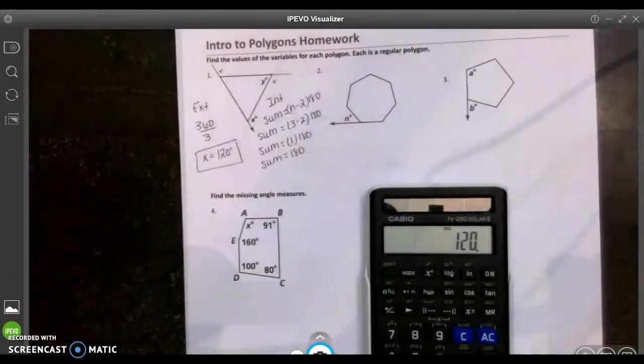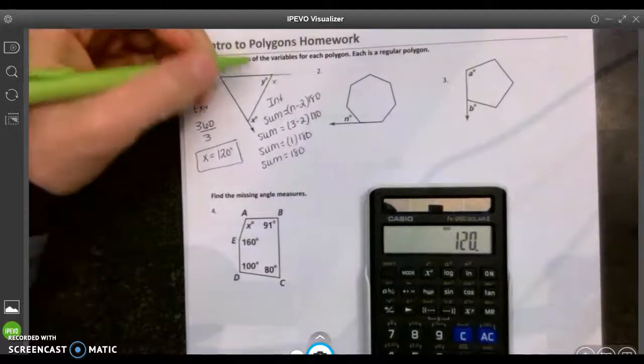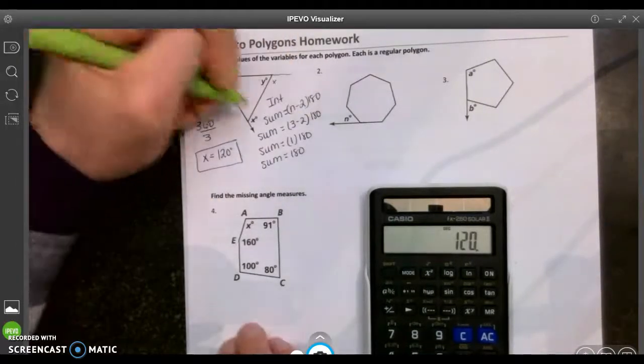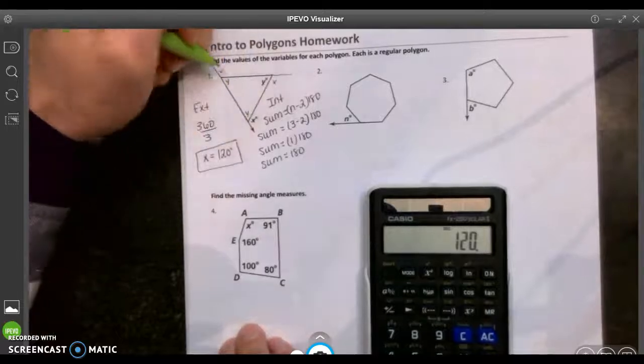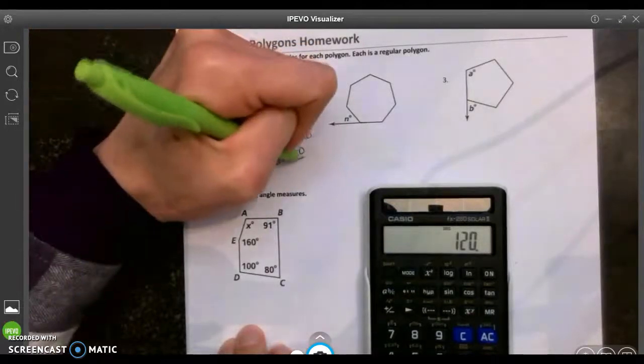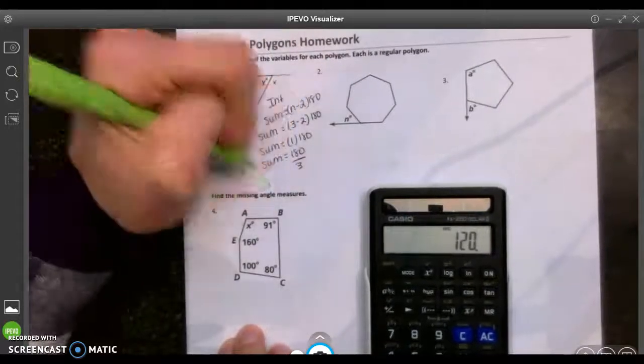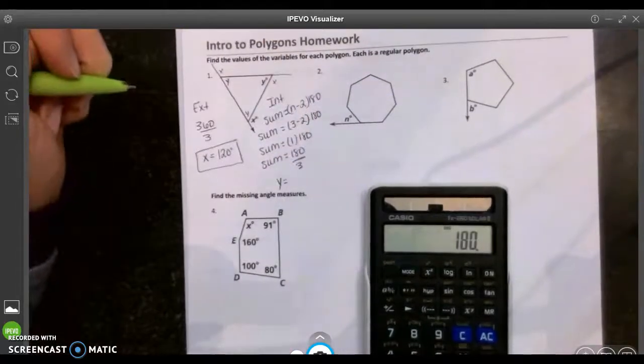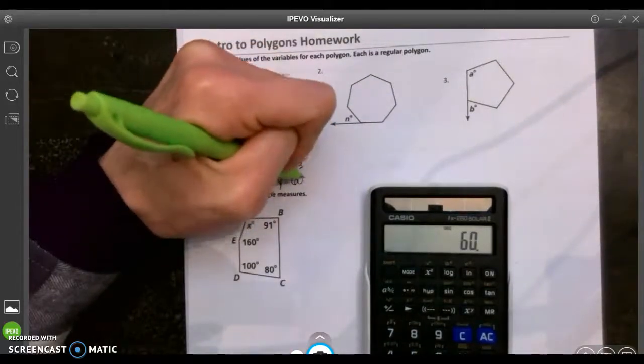But remember, that's the sum of all the angles. If I want just one angle, I'm going to divide by 3 because there are 3 of them here: y, y, and y. So 180 divided by 3 is 60.